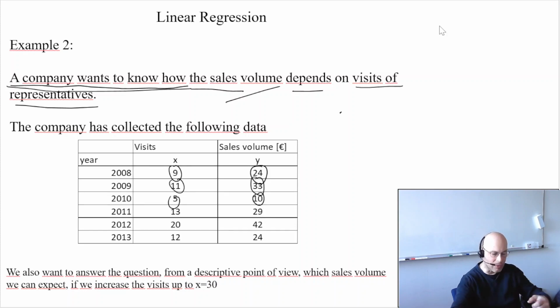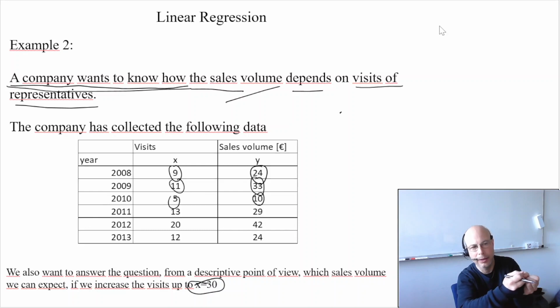So if we increase our visits up to 30, this means we need some new guy, some new representative in our company maybe, and this means we have higher costs, and therefore we want to know, we assume, of course, that the more visits, the more volume, but is the higher sales volume enough to pay another new guy?